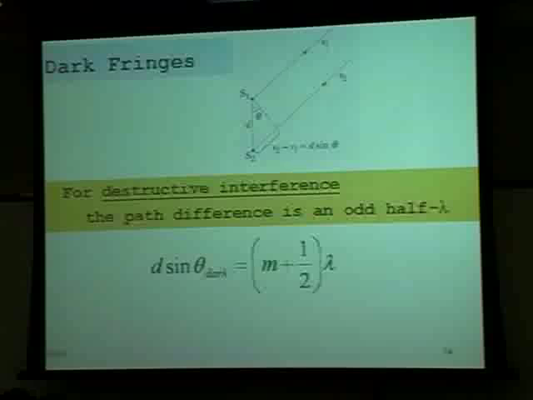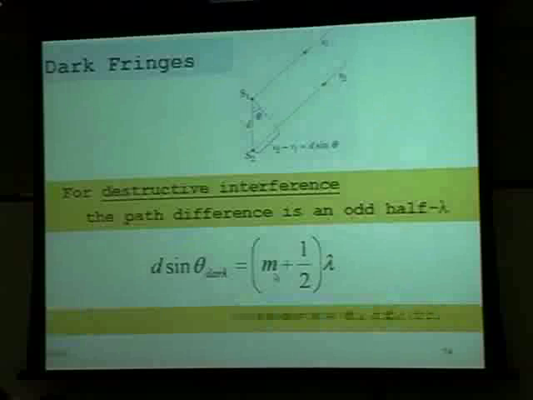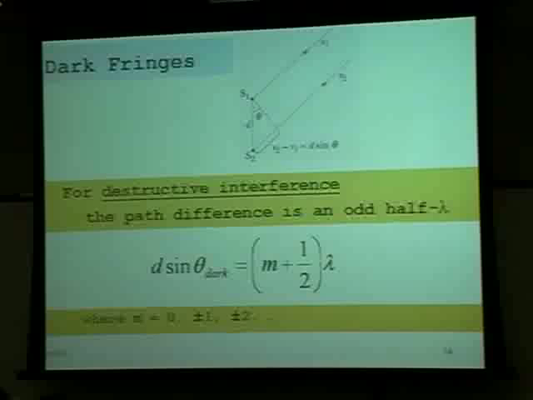So d sine theta for the dark angle would be m plus 1/2 times the wavelength, where m in this case would be 0, plus or minus 1, plus or minus 2. For each dark fringe, we have the central bright fringe, and these would be the dark fringes starting on either side of that central bright fringe.